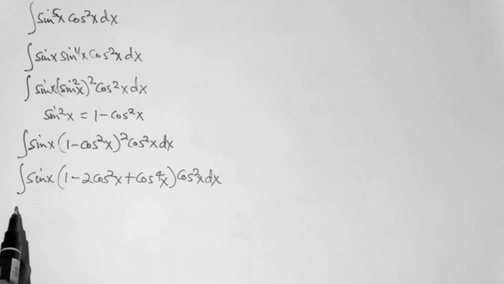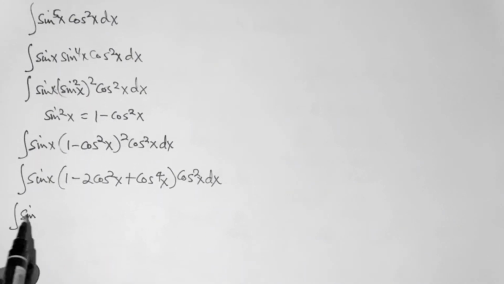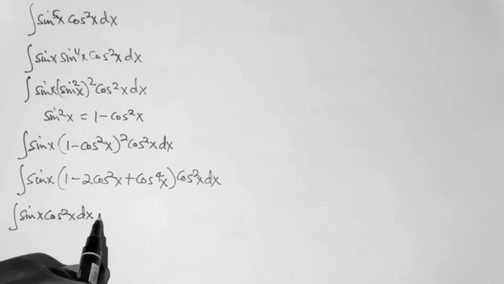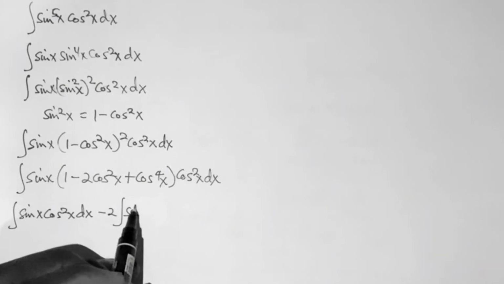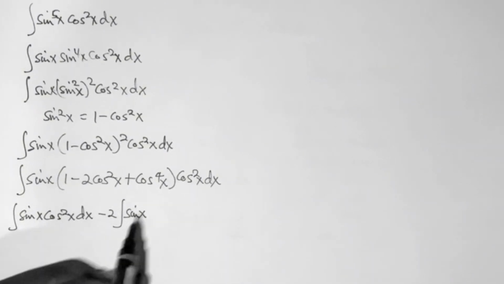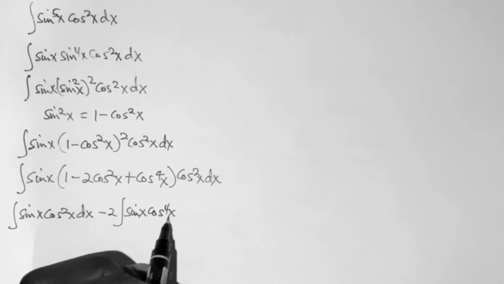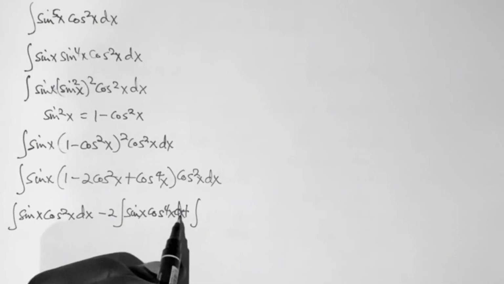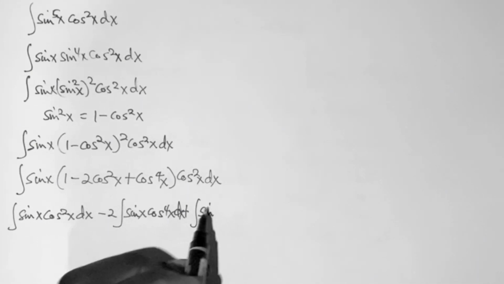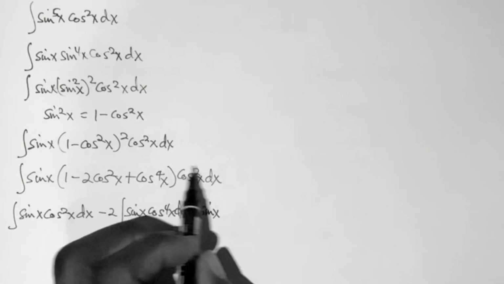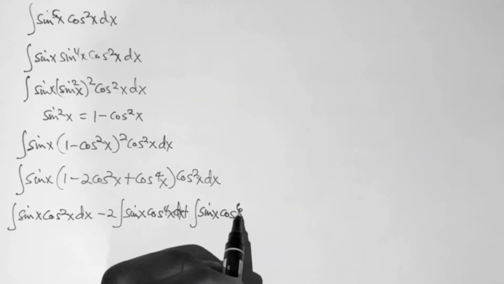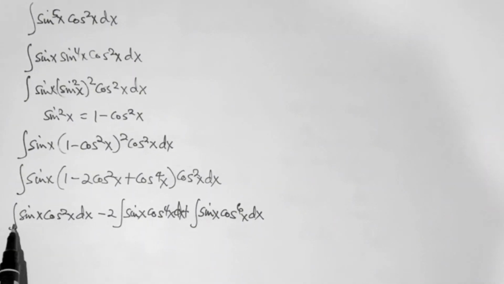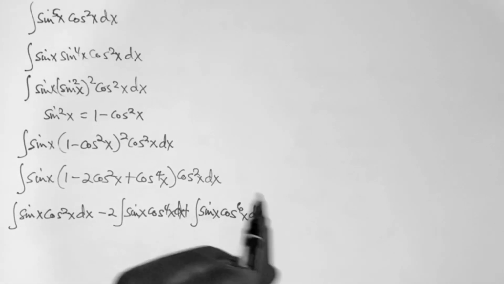So this then becomes integral of sin x cos^2 x dx, then minus 2 integral of sin x, then cos^2 x times cos^2 x is cos^4 x, then plus integral of, sorry, there's a dx here, integral of sin x, then cos^4 x times cos^2 x is cos^6 x dx. So now we need to solve all of this independently.